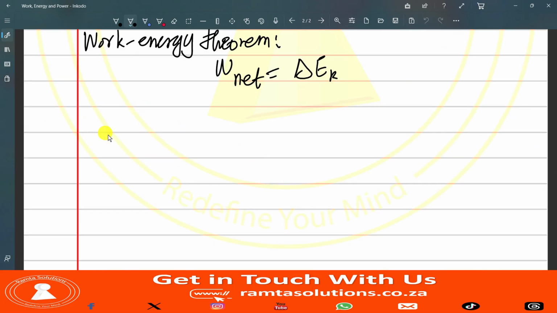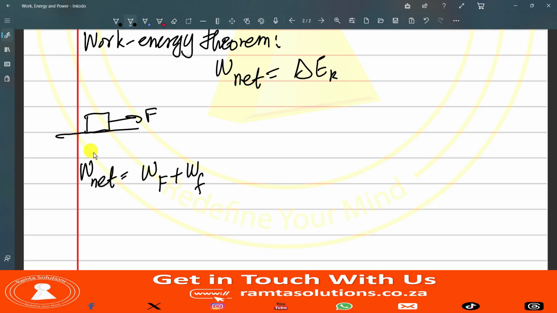Let's say our object is being pulled this way and there's some friction there. Your net work here will be the work done by the applied force plus the work done by friction. Why only these two? Because they are the only forces that are in the direction of the displacement. Therefore, work done by the applied force plus work done by friction will be equal to change in kinetic energy.